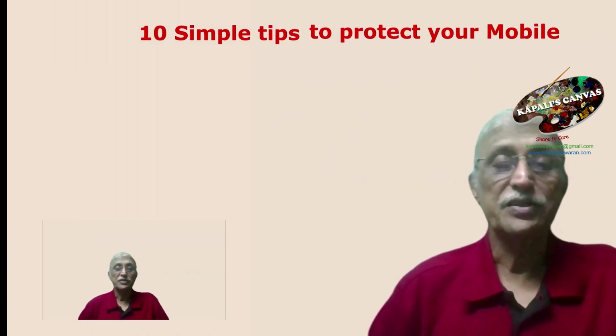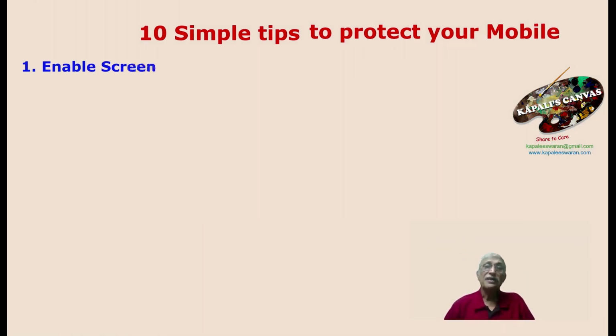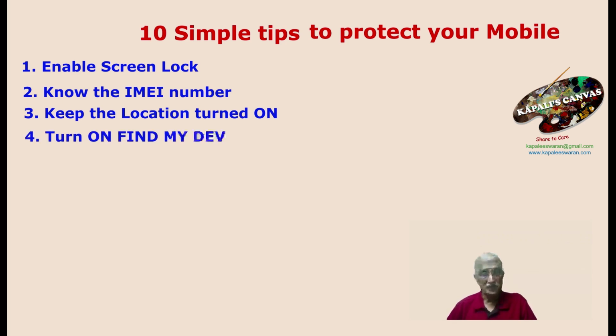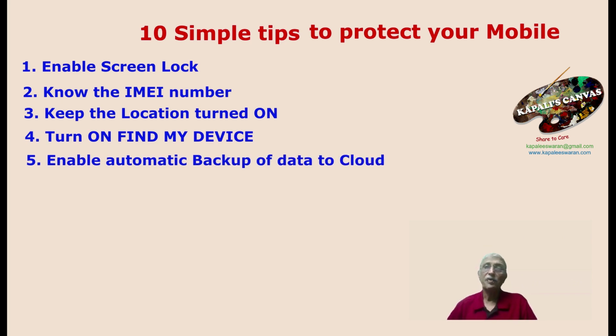You can see on the screen also. Enable the screen lock. Know the IMEI number and keep it handy. Keep the location on. Turn on Find My Device. Enable automatic cloud backup of your data.